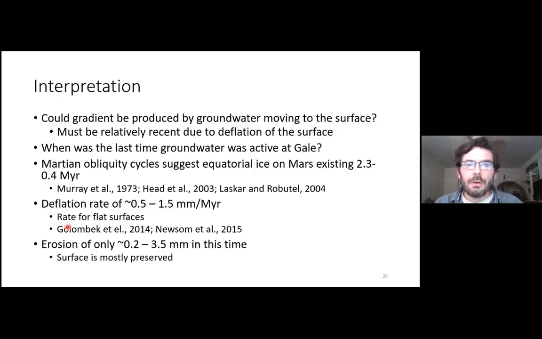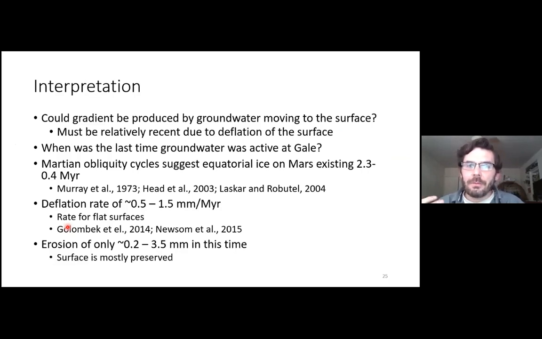Right. So really the question that popped into my mind was, could this gradient be produced by groundwater moving to the surface? This has to be a relatively recent event because the surface is undergoing deflation. And so we asked ourselves, when was the last time we could conceive of groundwater maybe being active at Gale?